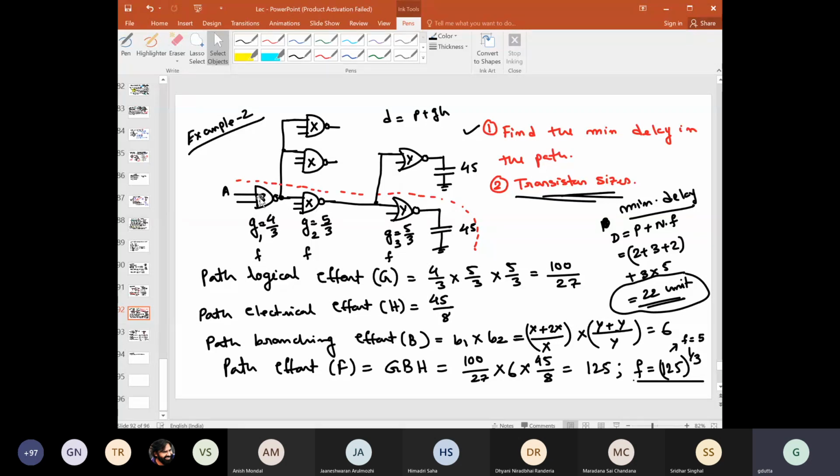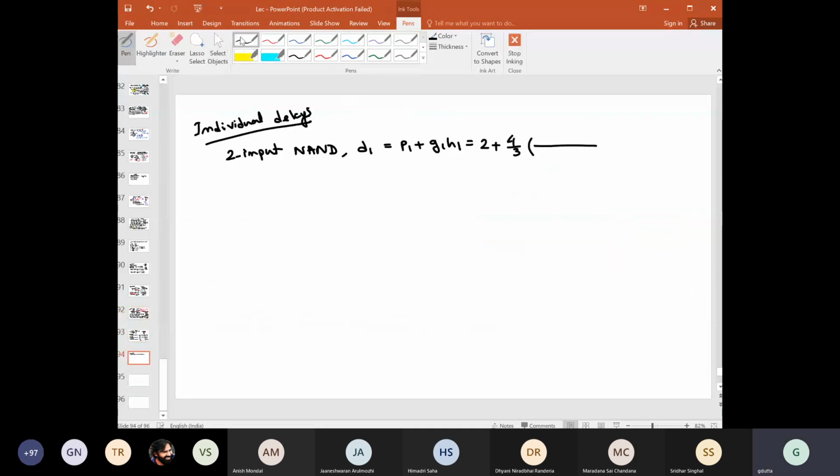Input capacitance is 8. So it will be 10 plus 10 plus 10, which is basically 30 by 8. Right? So 10 plus 10 plus 10 by 8. Could you please do it for me? How much is it coming?